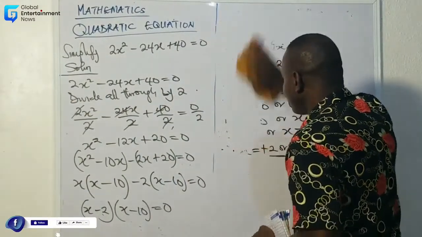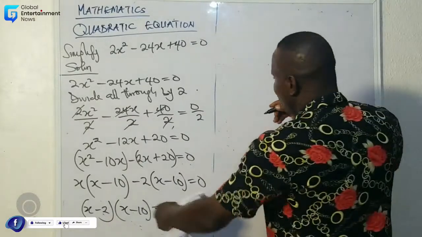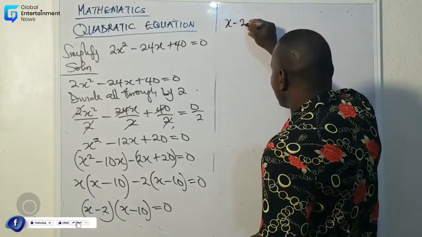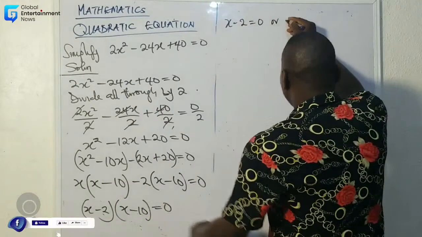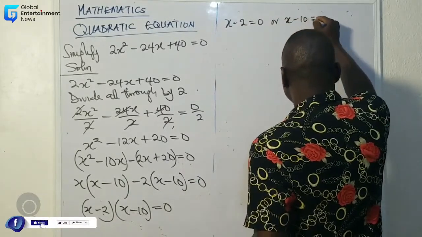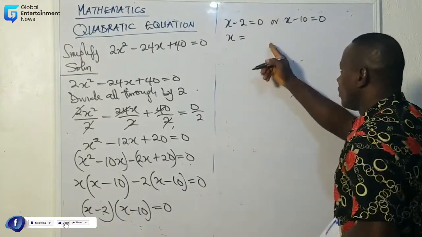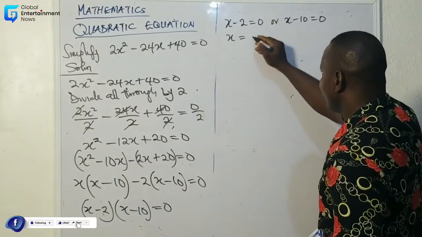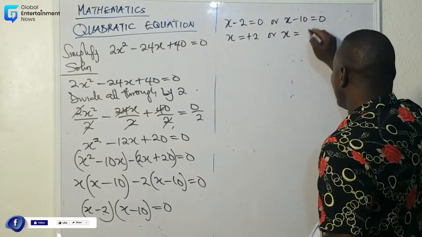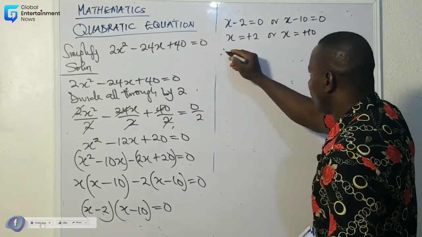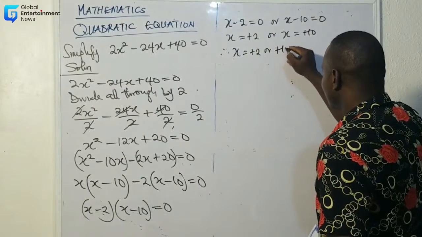We say x minus 2 is equal to 0, or x minus 10 is equal to 0. Therefore, x is equal to plus 2, or x is equal to plus 10. Therefore, my x is equal to plus 2 or plus 10.